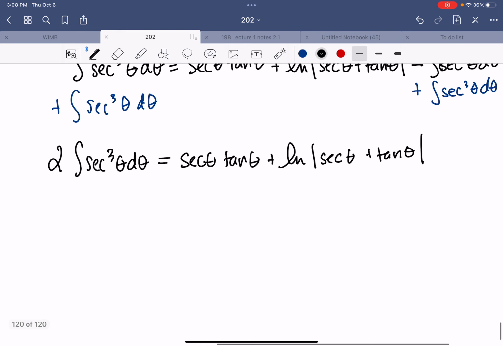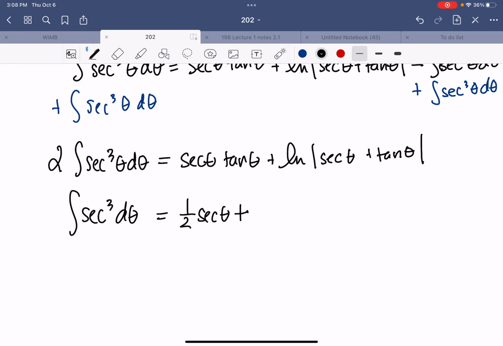And then you divide by 2. So the integral of secant cubed theta d theta equals 1/2 secant theta tangent theta plus 1/2 the natural log of secant theta plus tangent theta.